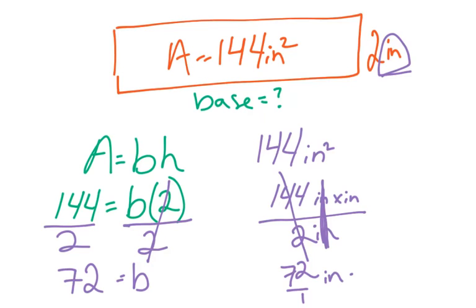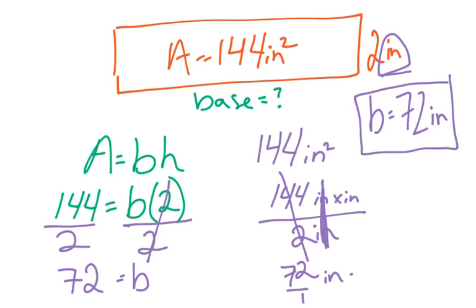So my answer is that my base is 72 inches. I can also just figure that out because I know that the only thing in my problem that could have inches squared is area, and I'm not actually solving for my area, I'm solving for my base. So it just needs to be in straight up whatever the units are, in this case inches. Those are area of squares and rectangles.